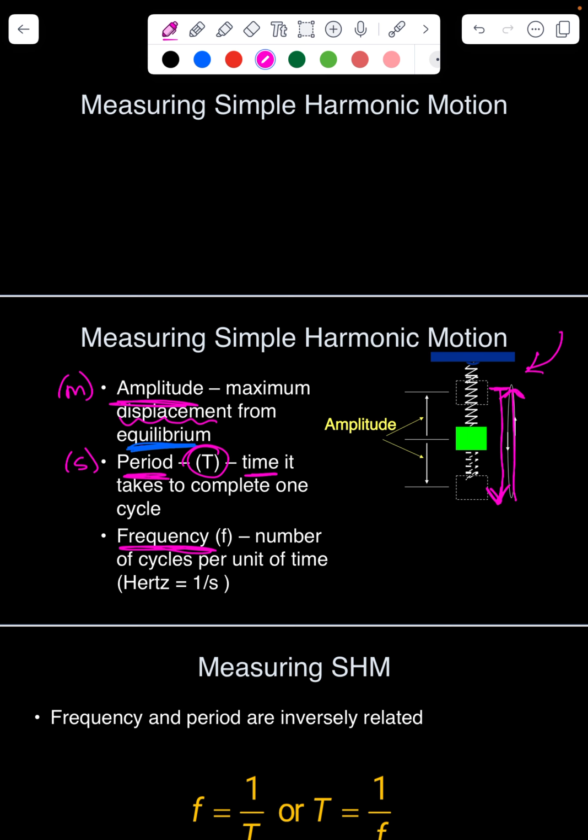Now, frequency shouldn't be super new. We talked about it last year in chemistry, and you talked about it in 8th grade. The symbol for frequency is the lowercase f. If you think about what frequency is, it's how many times.